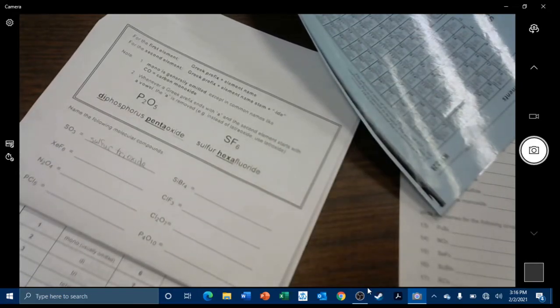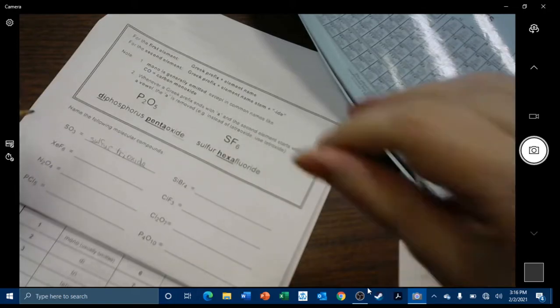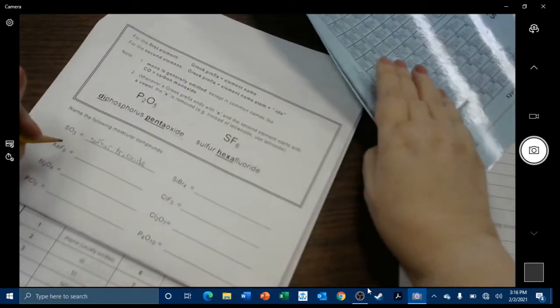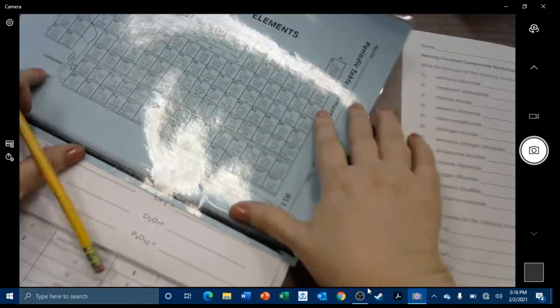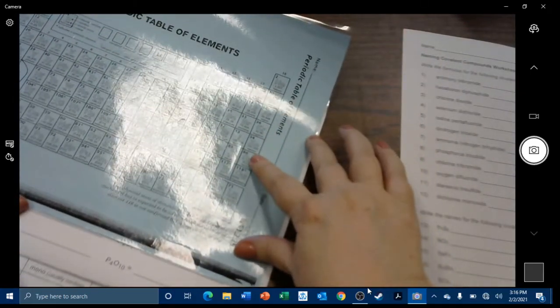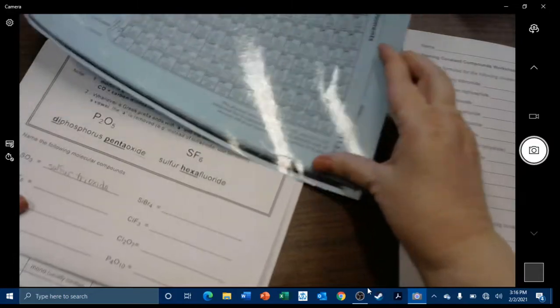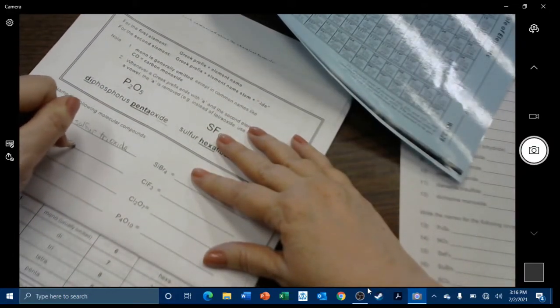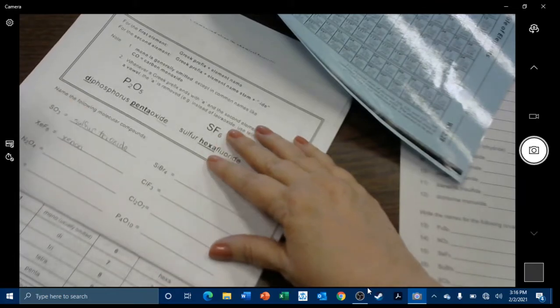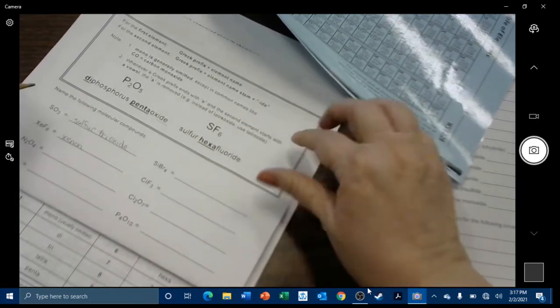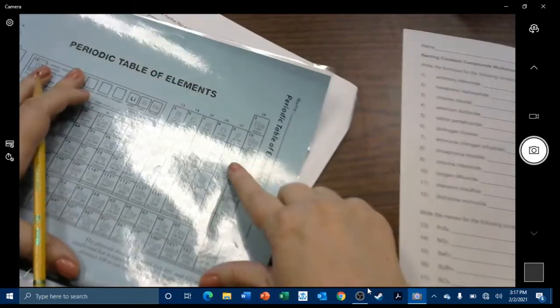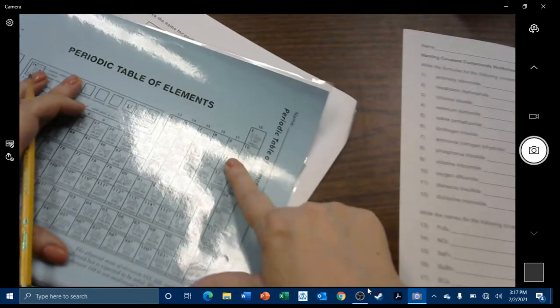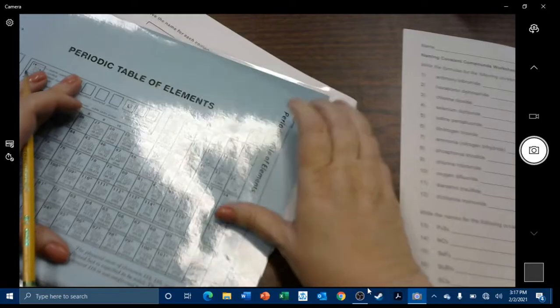Let's do a couple more examples. We have XeF6. Xe is xenon, and that is right there on the periodic table. So we're going to put xenon, and these don't have to be capitalized. You can just write them like this. And F is fluorine right here.